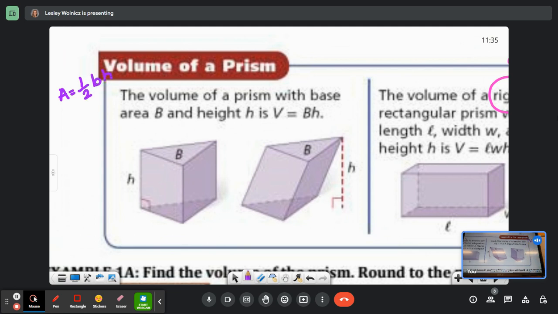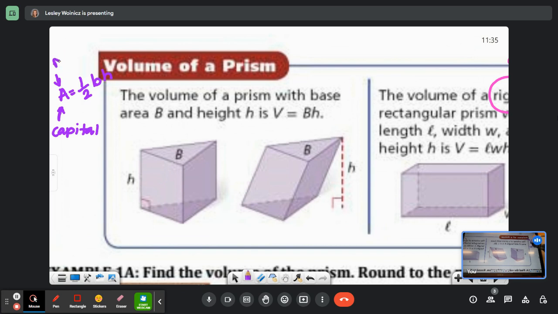What do you notice about the letters in this formula? Okay, it's a little bit more subtle. Do you see that the A is capital? Okay. So the A is capital. That means that this is an area.